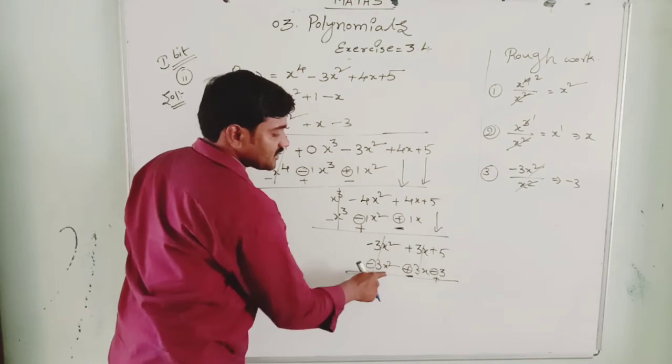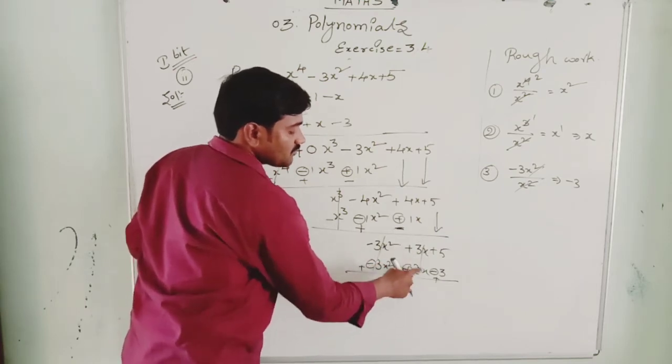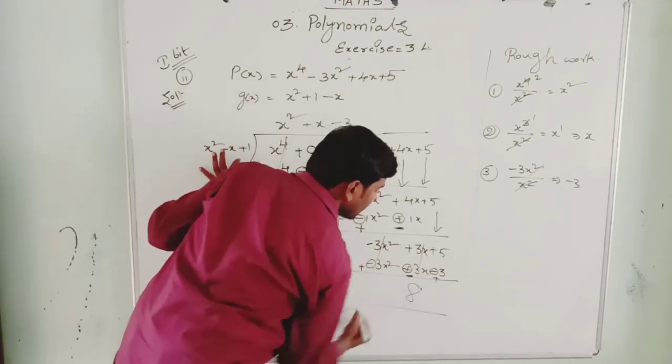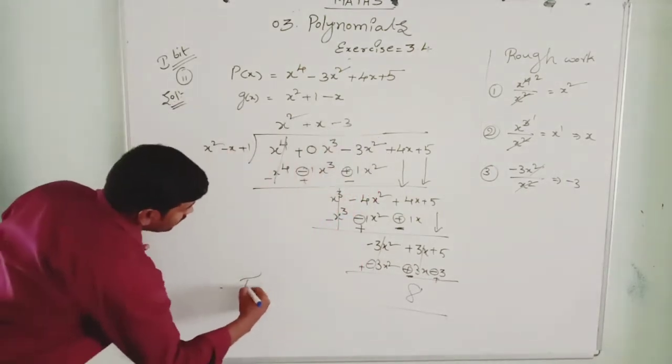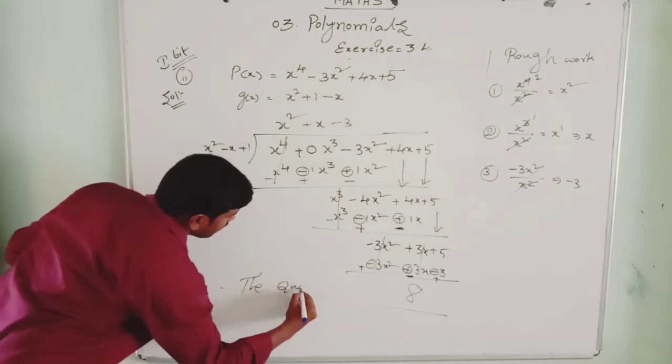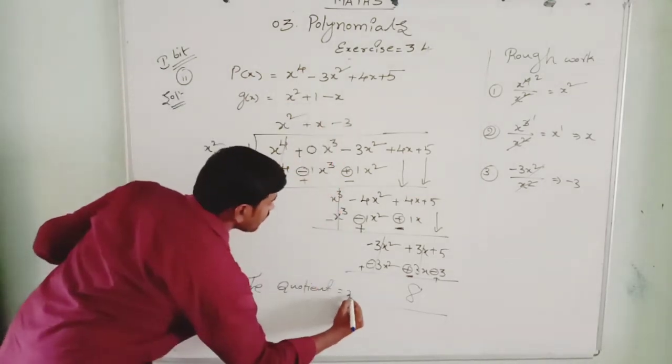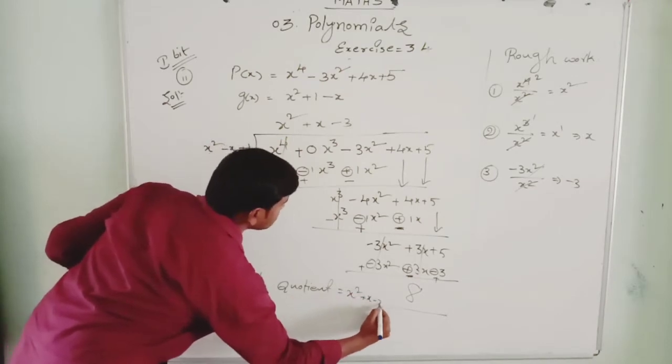Minus 3x square plus 3x square cancels, plus 3x minus 3x cancels. 5 plus 3 is 8. Therefore, the quotient is x square plus x minus 3.